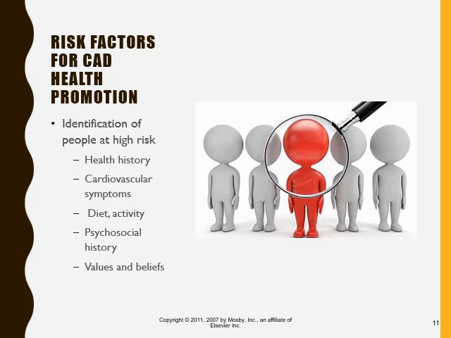So you take a health history, look for cardiovascular system symptoms, look at their diet, have them do a diet journal, look at their activity, and ask them how often do they engage in activity and for how long. Look at their psychosocial history, history of depression or anything like that, and also look at their values and beliefs. How important is good health to this?